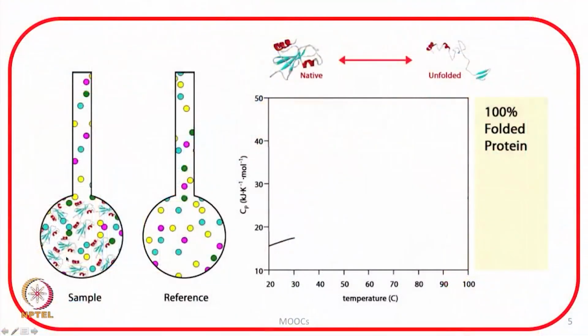Let us consider these ribbons as protein and these colored circles as the buffer molecules. And that is why in the reference you see only these colored circles, which are the reference molecules, which is buffer actually. And we are interested in studying this unfolding, native to unfolded.